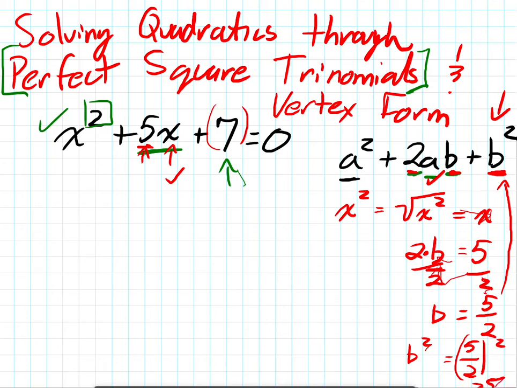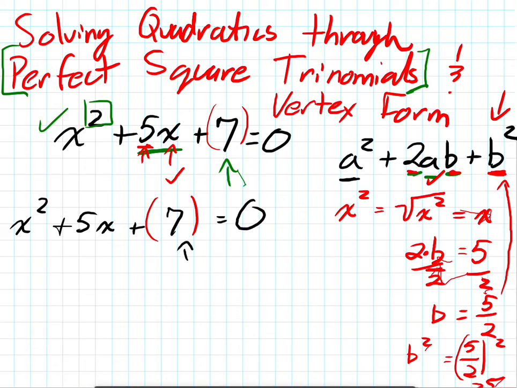So this equation can still be written as x squared plus 5x. It's this term here, the 7. We need to do something with this 7. We need to turn it into 25 over 4.